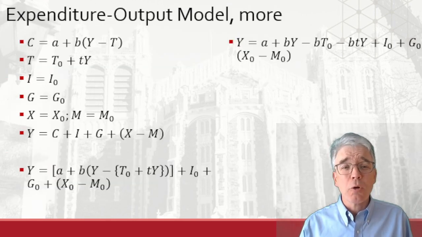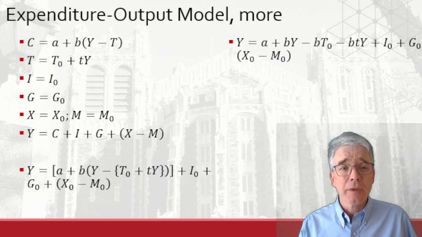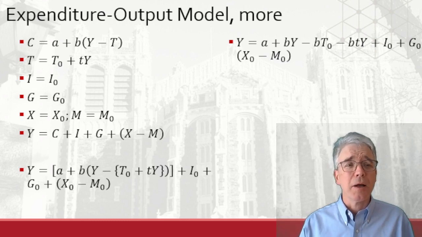So here's a slightly more complicated version of the expenditure output model. We keep the linear equation for C. So C is A plus B times Y minus T. So consumption is a simple linear function of disposable income. We're going to model that taxes depend on income. We'll start with a simple linear model of that.